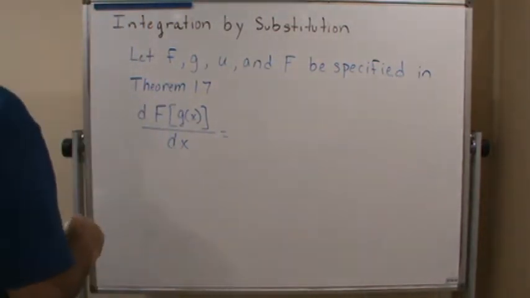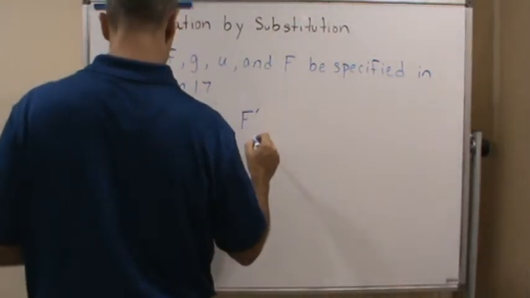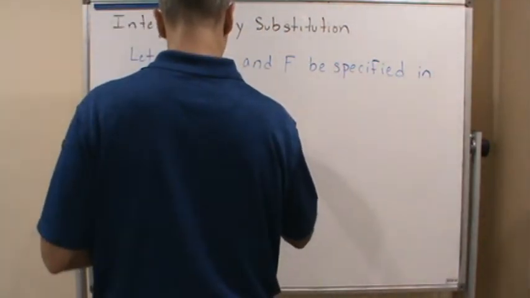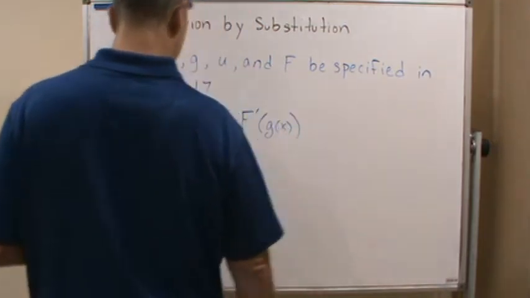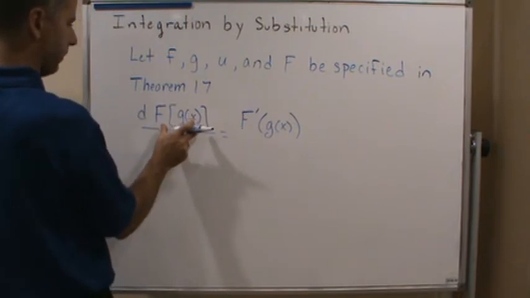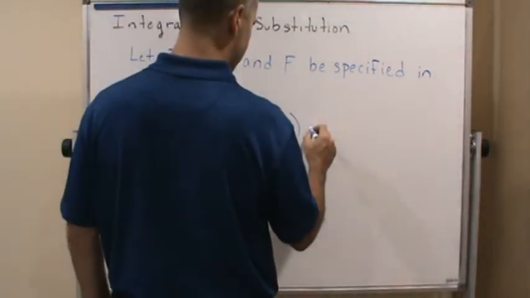And so what do we get from this? Well, we get F prime of g of x, right? It's going to be the derivative of the outside function times the derivative of the inside function.